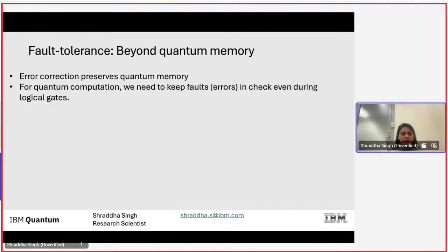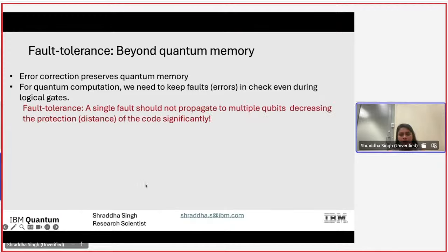So we want to make sure that the logical gates that we apply, which depend on the encoding you have, do not spread these errors in a haphazard way, such that all the error correction that we intended to do has no purpose anymore.